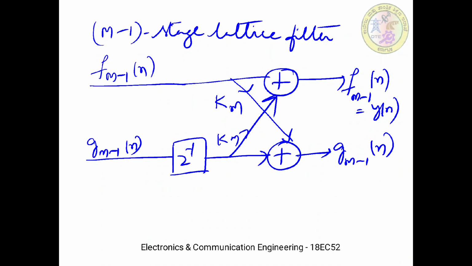Therefore, for any given order it is possible to show its lattice structure if we know the k values, that is, the reflection coefficient values. These reflection coefficients are directly derived from the alpha m values of the given transfer function.